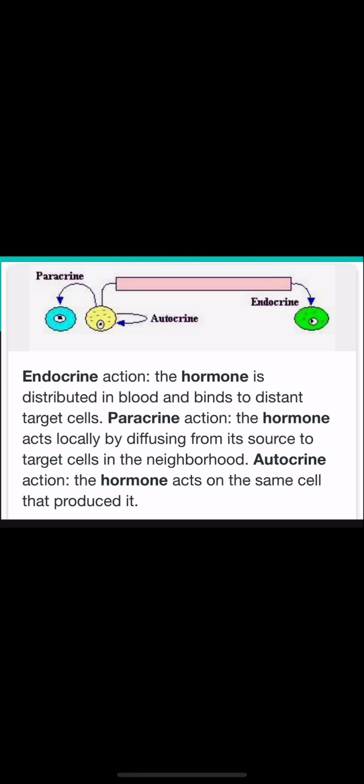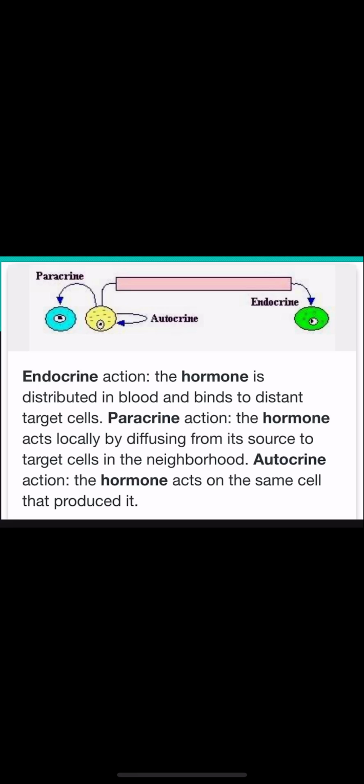The endocrine action of the hormone means that the hormone is distributed in the blood and binds to distant target cells. It is secreted somewhere and it goes to a distant target cell and acts over there. Paracrine action means it acts locally by diffusing from its source to target cells in the neighborhood. So it is secreted, it diffuses to a nearby locality, and there it acts on the target cells.